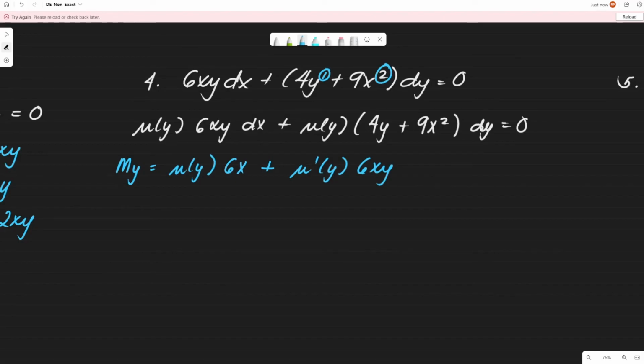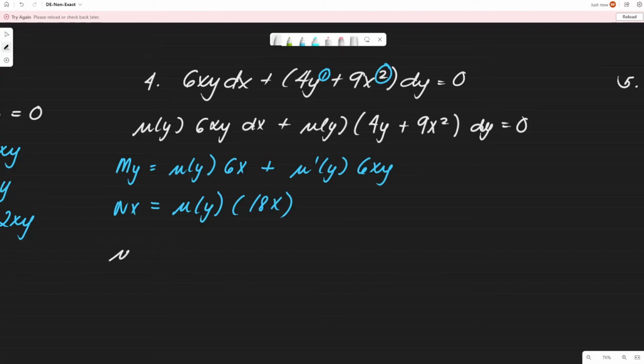Now we have our N sub x. Just copy mu of y; every function of y stays, and for every function of x, get the derivative. So we'll have 18x. Now let's equate them.